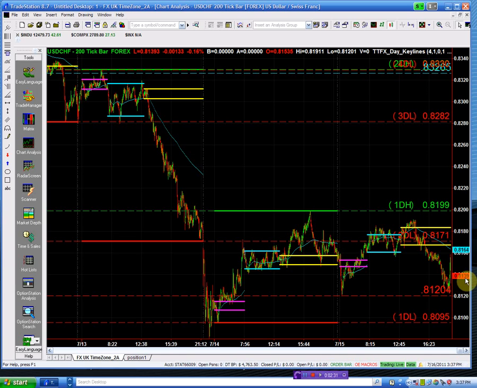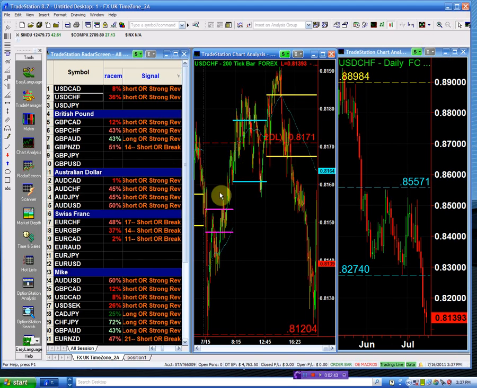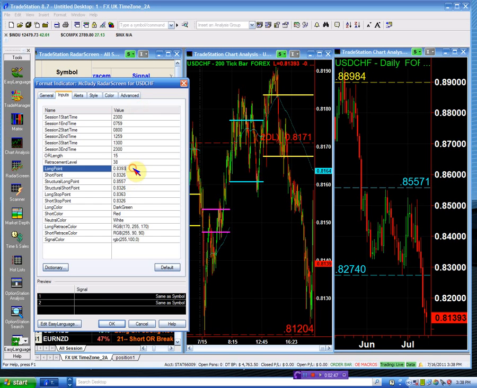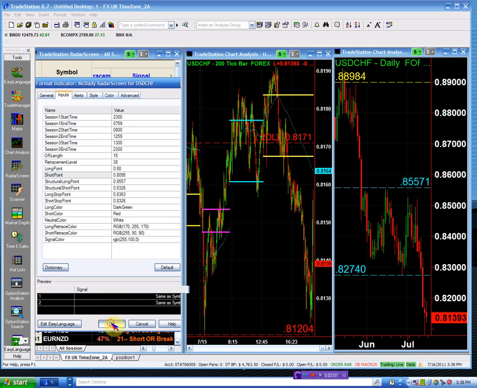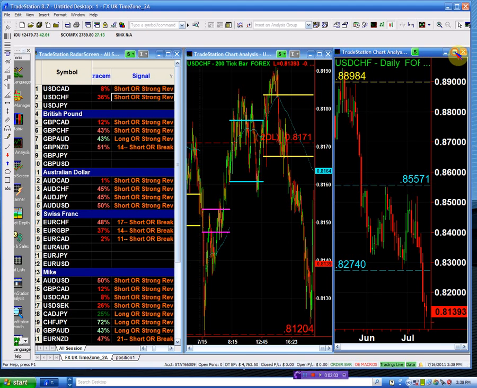It closed at 81.39. We're going to go short below the 80.95, because I want to make sure that I have the continuity to the downside. And so the short is going to be 80.95. And my structure short to the downside, this is an all-time historical low.